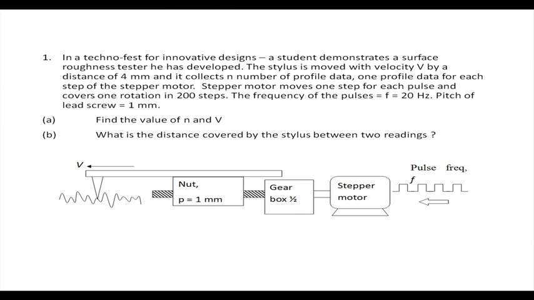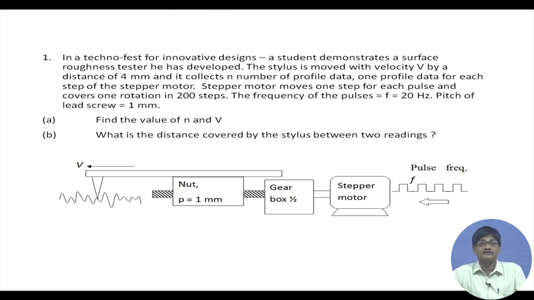I think we have time for a few more problems. Let us take this one. In a Techno Fest for Innovative Designs, a student demonstrates a surface roughness tester he has developed. How does it work?